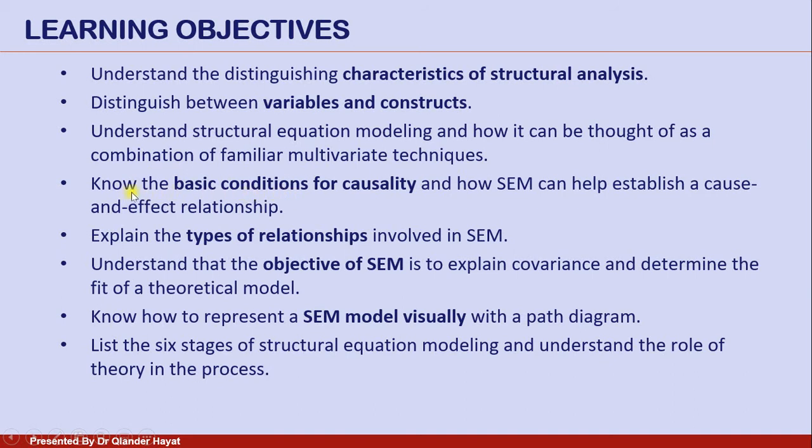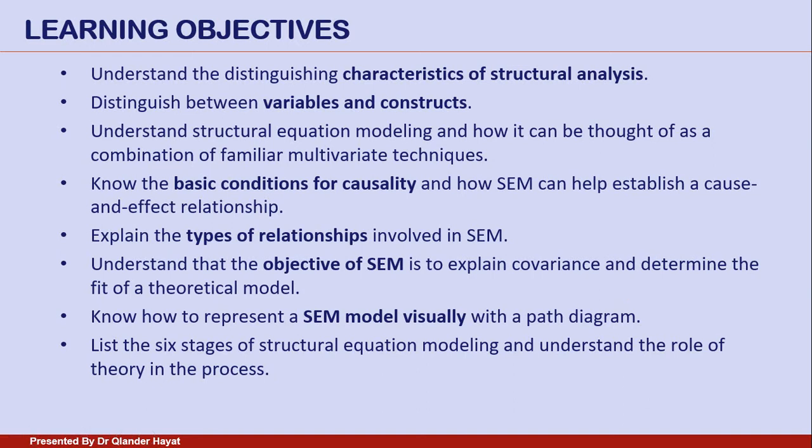The other thing you will be able to explain is the basic conditions for causality and how SEM can help establish causal or cause and effect relationships. You will also be able to explain the types of relationships involved in SEM, and understand that the objective of SEM is to explain covariance and determine the fit of a theoretical model.